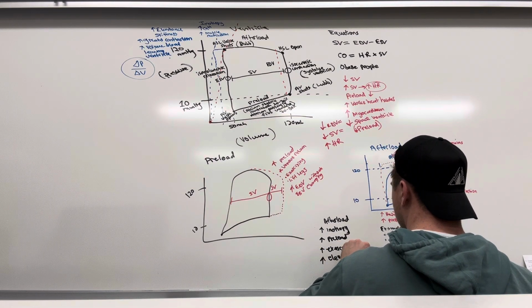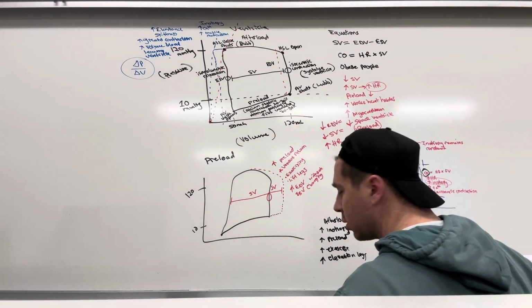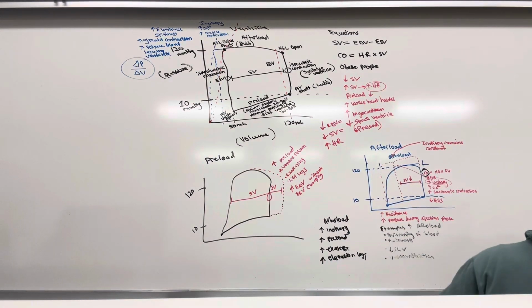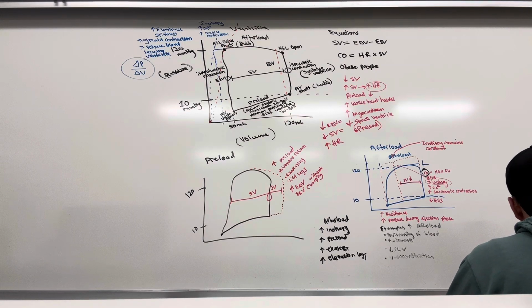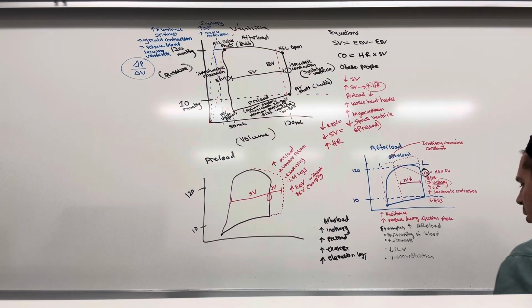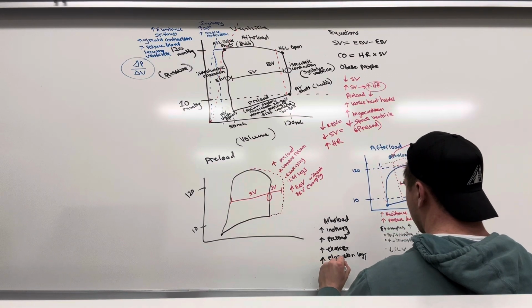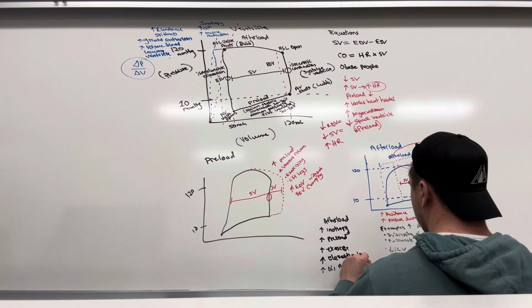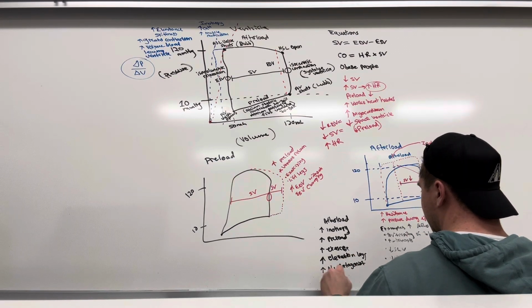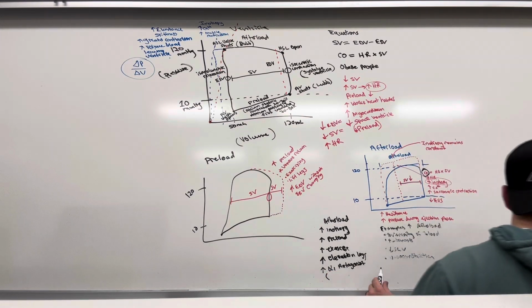Okay, so these are some simple things that we can do to change that. We can also use an alpha 1 antagonist, because we know alpha 1 does vasoconstriction, so blocking it would lead to vasodilation, right?